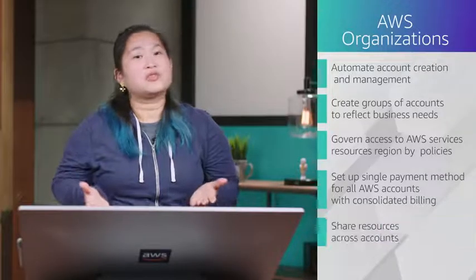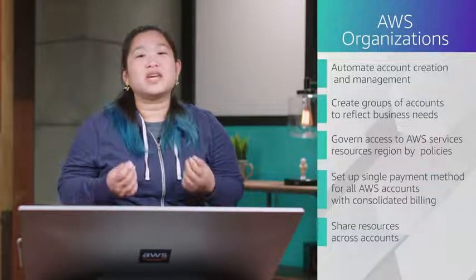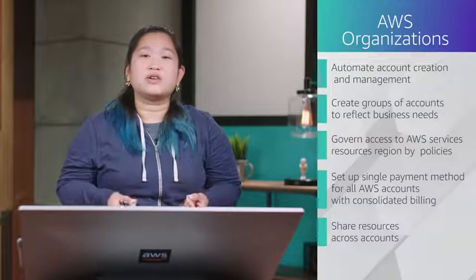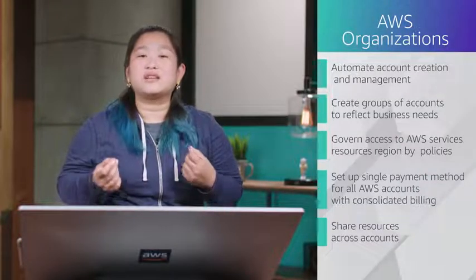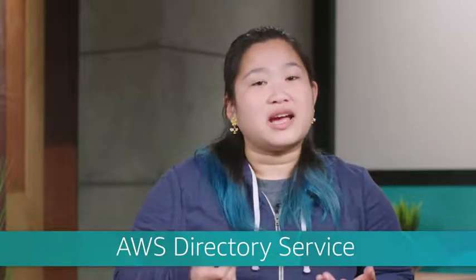You can share resources across accounts. AWS Organizations makes it easy for you to share critical central resources across your accounts. For example, you can share your central AWS directory service running on Managed Active Directory with all accounts in your organization for application to access your central identity store.